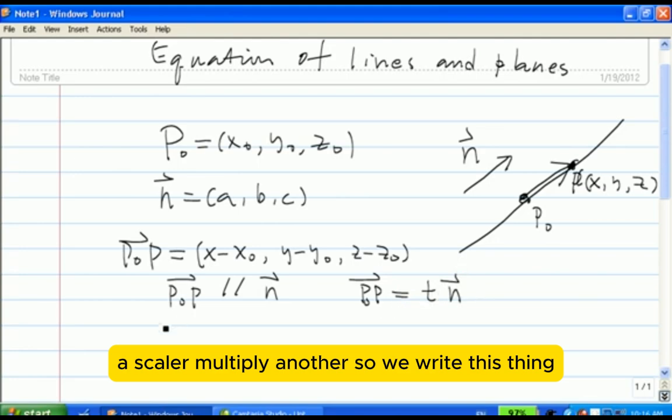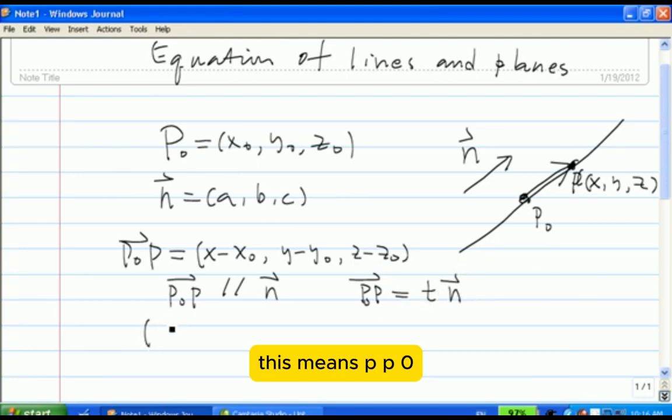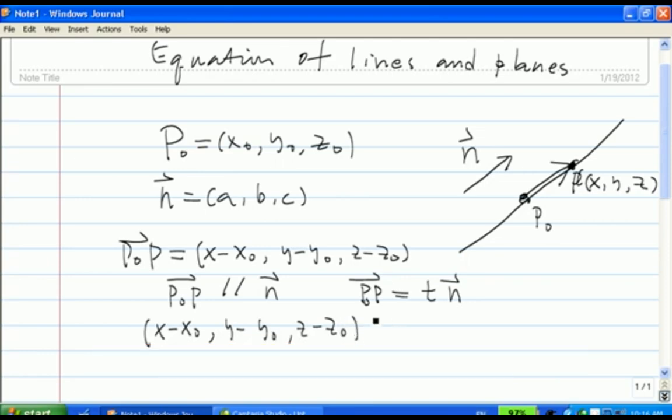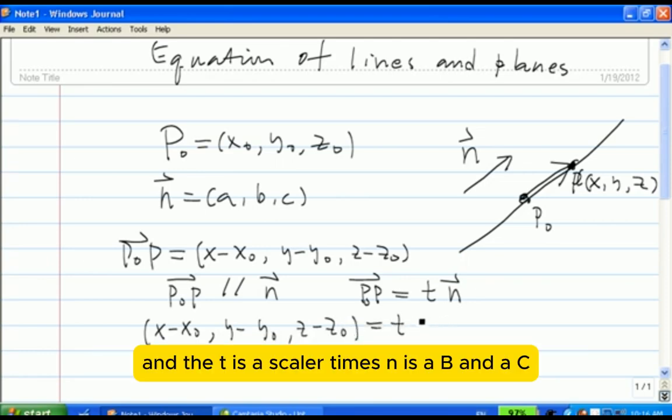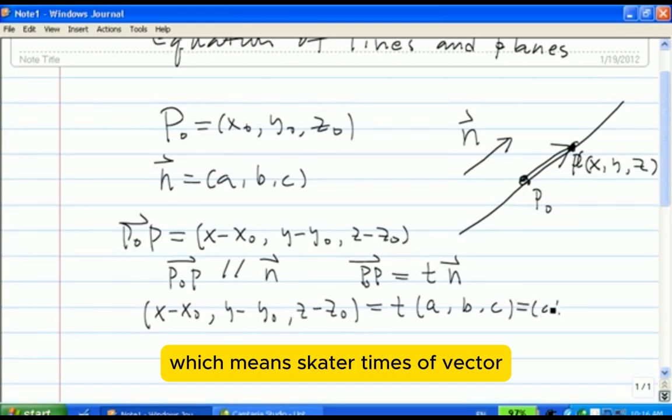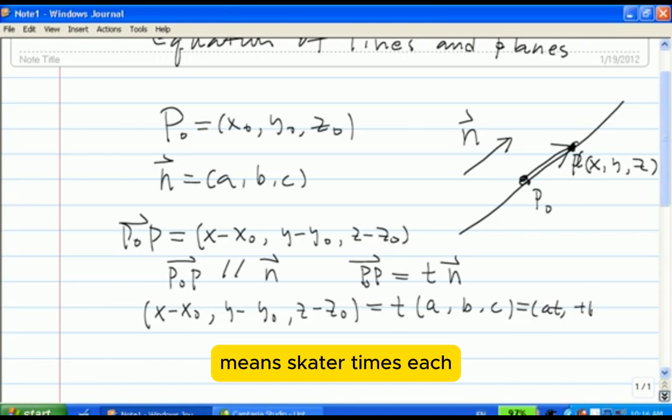So we write P0P, which means x minus x0, y minus y0, z minus z0, equals t, a scalar, times n, which is a, b, and c. Scalar times vector means scalar times each component.